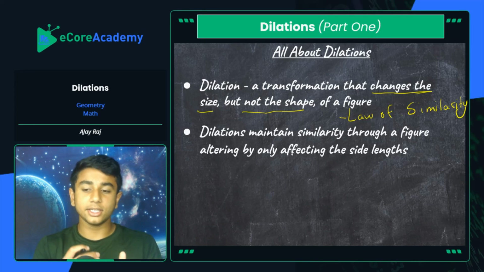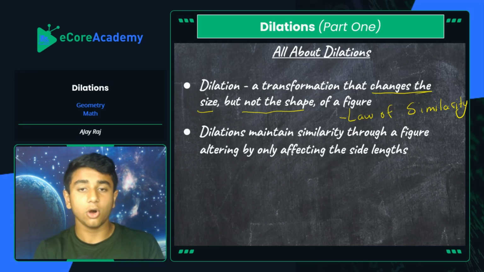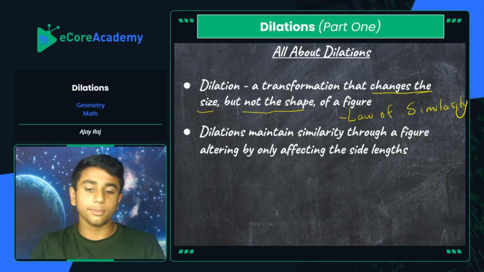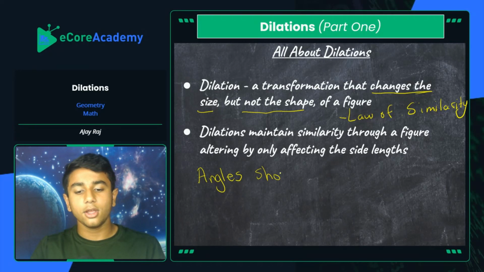And what that means in specific terms is that a dilation will maintain a figure's angle relationships, meaning all angles in the figure will still be the same, which keeps a figure similar. So I'm going to write that here. Angles show similarity.